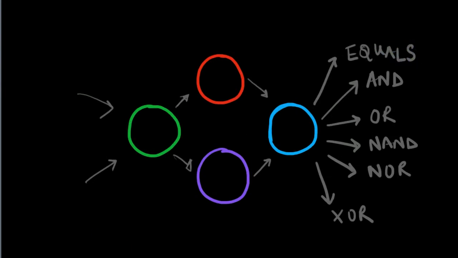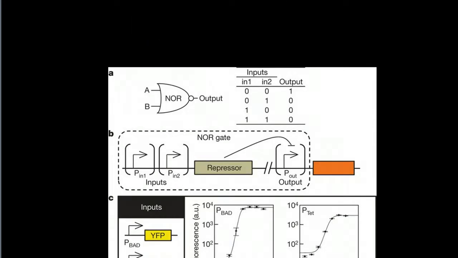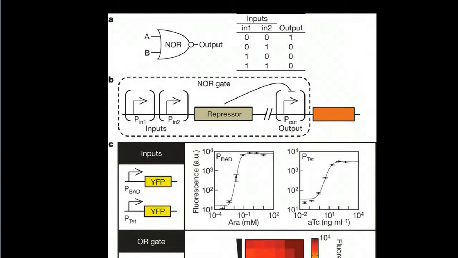So let's take a look at the results now, and we'll scroll down, and this is figure 1 from the article. As you can see here, figure 1a is the truth table for a NOR logic gate right here. The NOR gate is only on when both the inputs are off, and in any other situation the NOR gate is always off.